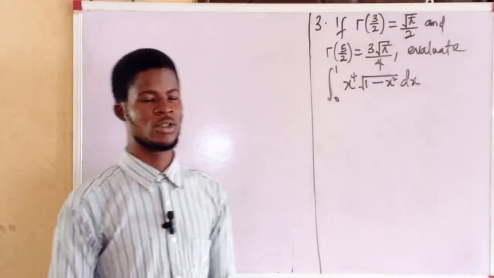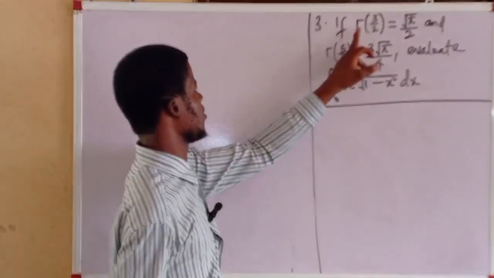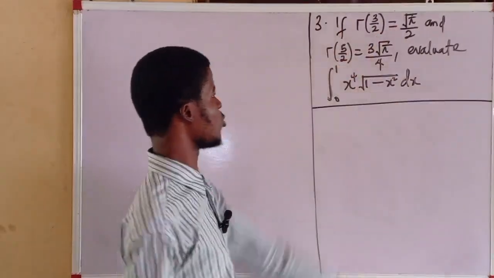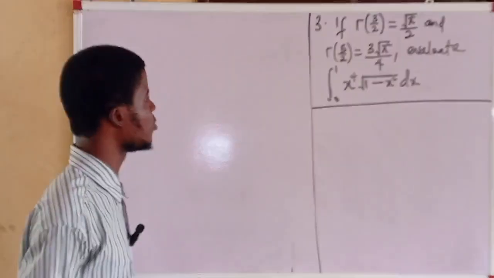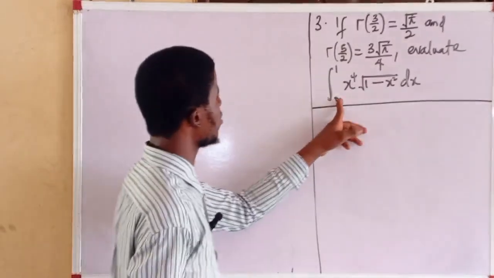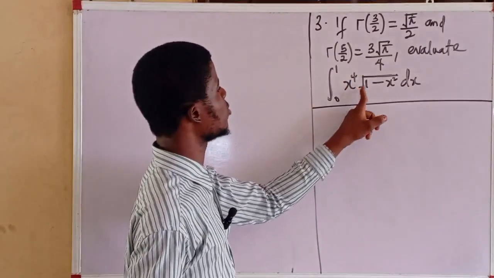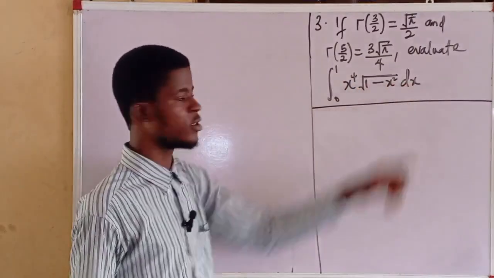Let's handle the third question. This question is under beta function. If gamma of 3 over 2 is root pi over 2 and gamma of 5 over 2 is 3 root pi over 4, we have to evaluate the integral from 0 to 1 of x to the fourth into the square root of 1 minus x squared dx.